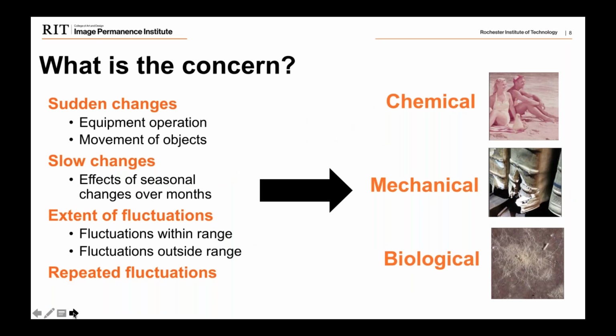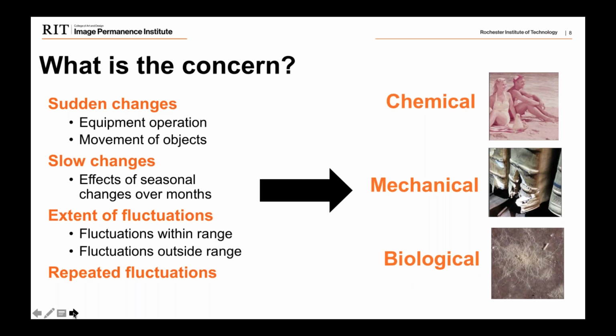So when we talk about fluctuations and equilibrations, there's a number of things that can make us concerned. Sudden changes, if you see sharp peaks or drops in data, can be alarming for collections professionals, as well as slow changes. If you realize that dew point has just slowly drifted up every summer.